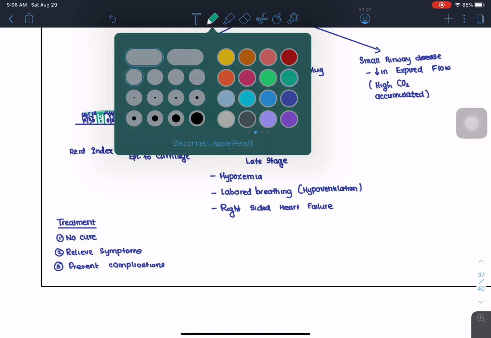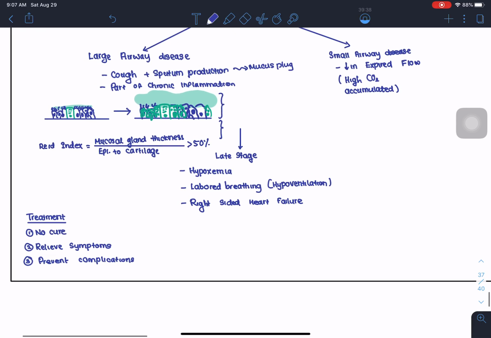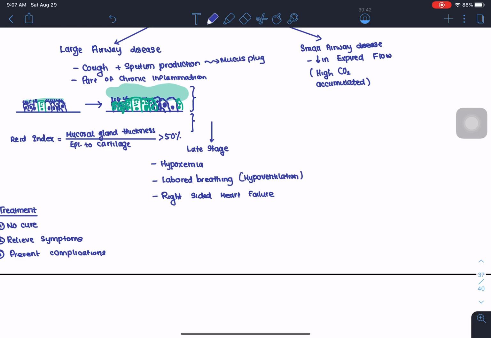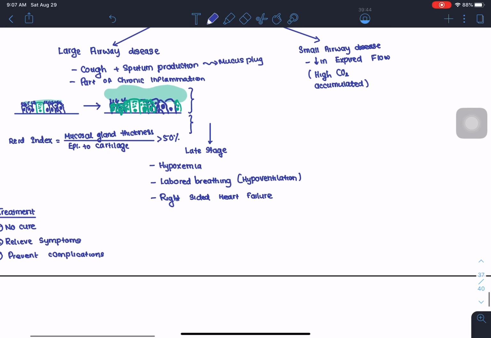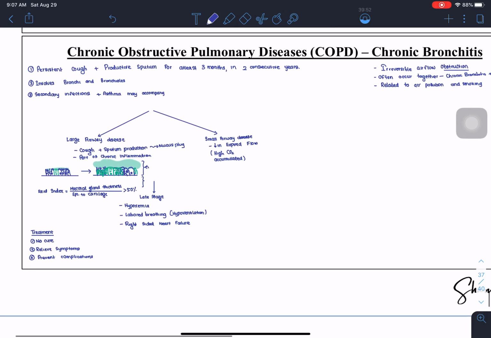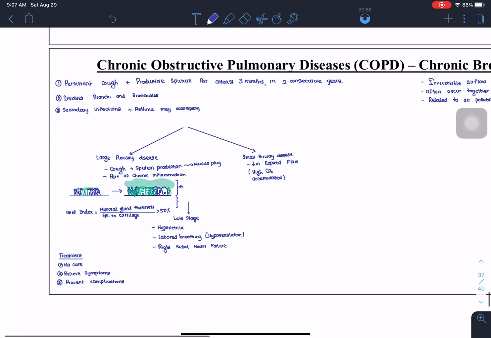And what you do is you take this distance, and you take the distance from the epithelia all the way downwards to the end of the bronchi, to the cartilage. You check this distance, and if this distance is greater than this distance, you diagnose that patient as a chronic bronchitis patient.